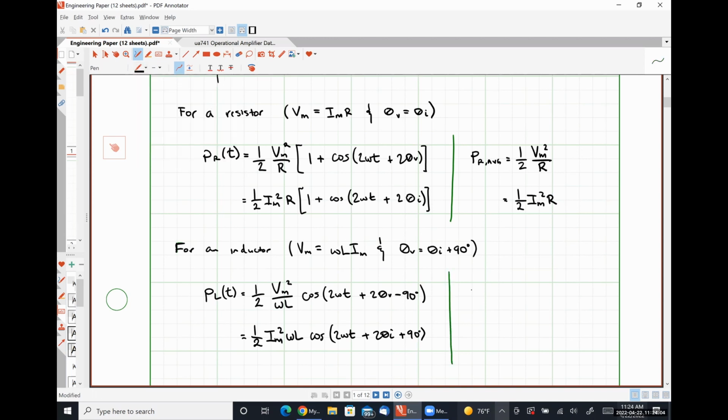From this, the average power absorbed by an inductor is 0. I'm only going to write it once because we could get the same result from either of these expressions. Everybody feel okay about that?